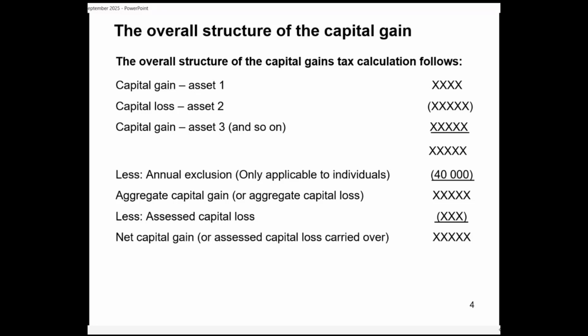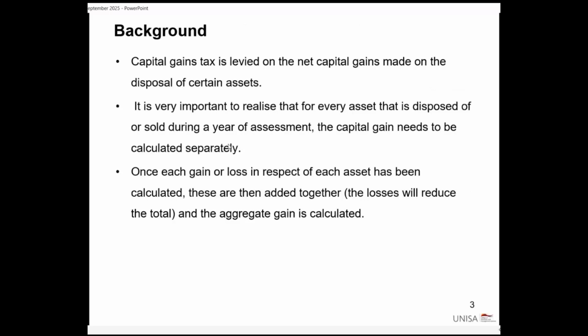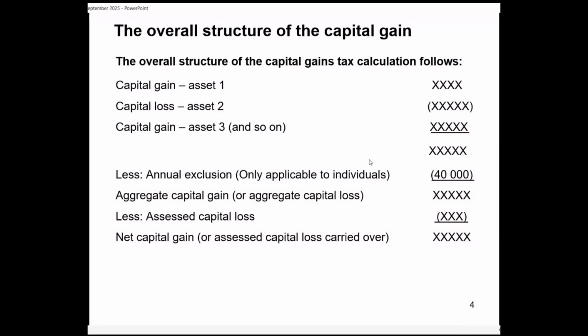So the overall structure of calculating capital gains tax is as follows. You do the capital gain for asset 1, and then for asset 2, as I was just telling you, you need to realize that for each and every asset, and then you aggregate. So you will have the capital gain for asset 1, asset 2, asset 3, etc. And then you will less the annual exclusion.